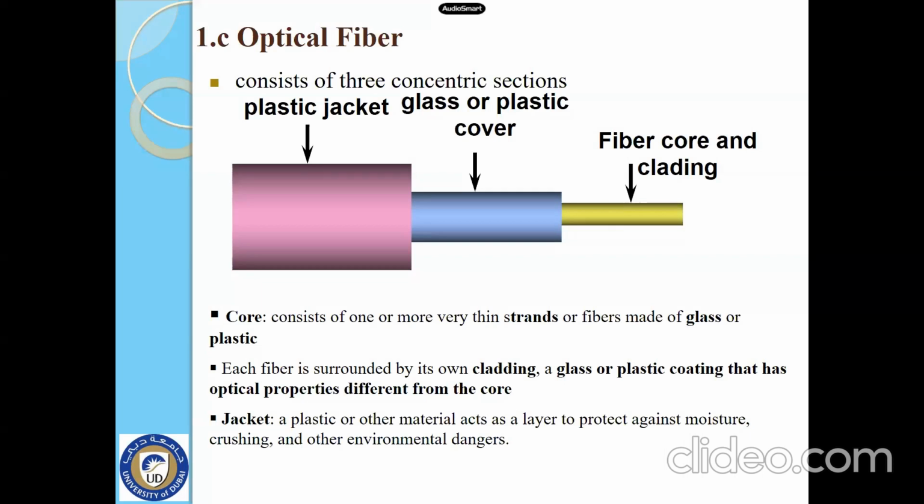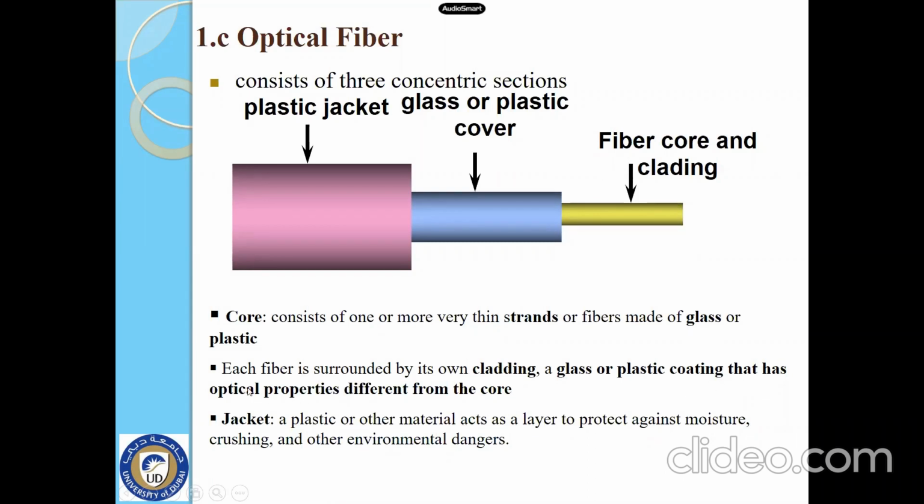So it consists of 1 or more very thin strands of fibers made of glass. Now, each fiber is surrounded by its own cladding. So this is what we have here, the fiber core, and the cladding on the side. It's the one covering the core. Now, the glass or plastic coating is a different type from the core.